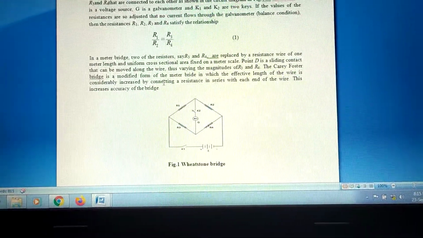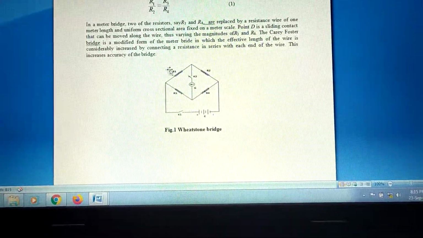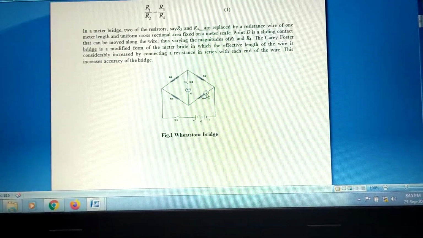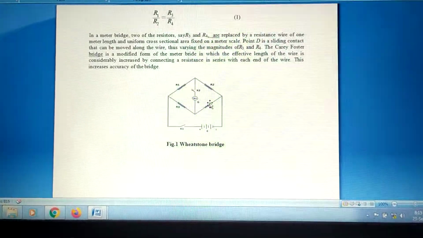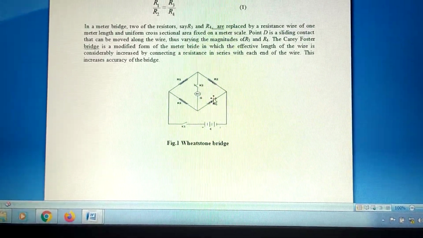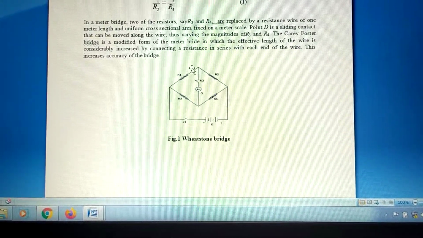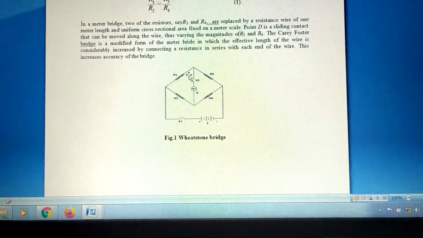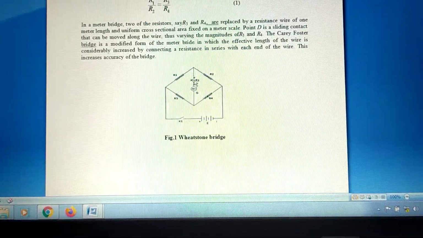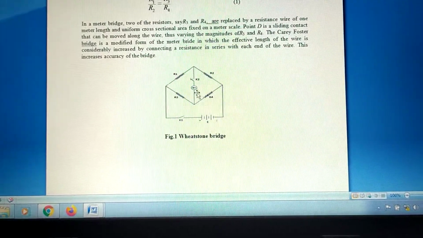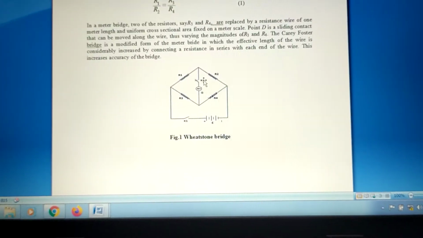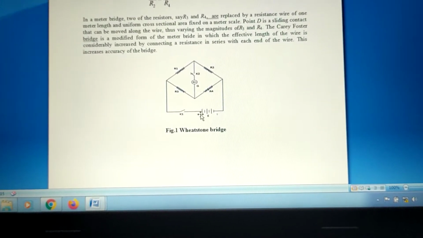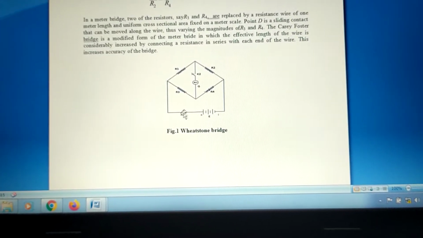Now this is the Wheatstone-Bridge principle. The four resistances are connected in such a way that two are connected in series and two are connected in parallel. Say R1, R2, R3, R4 are the four resistances, one galvanometer is connected at the junctions of the resistances, one key is here, and this is the DC power supply, and then another key is there.